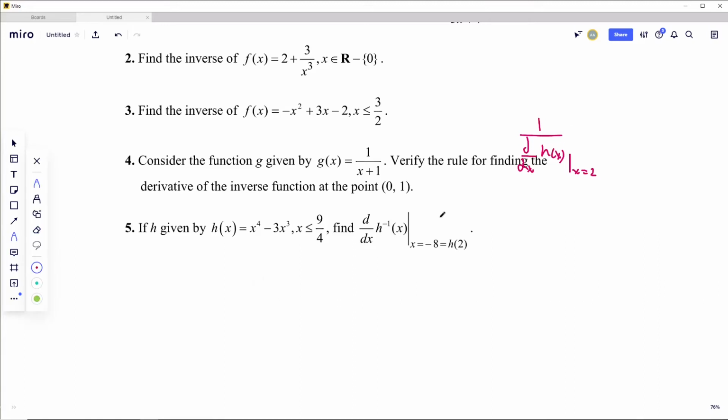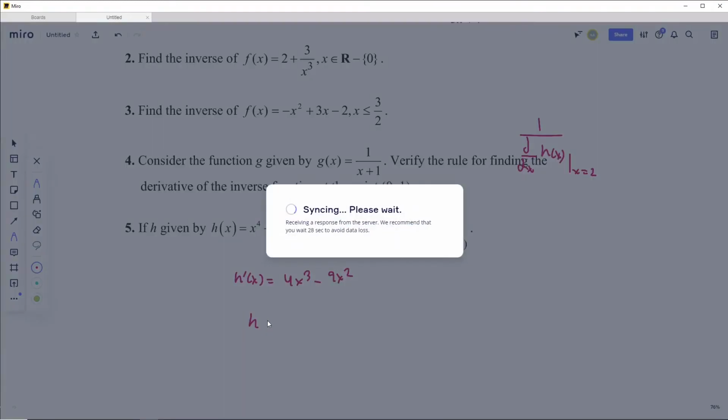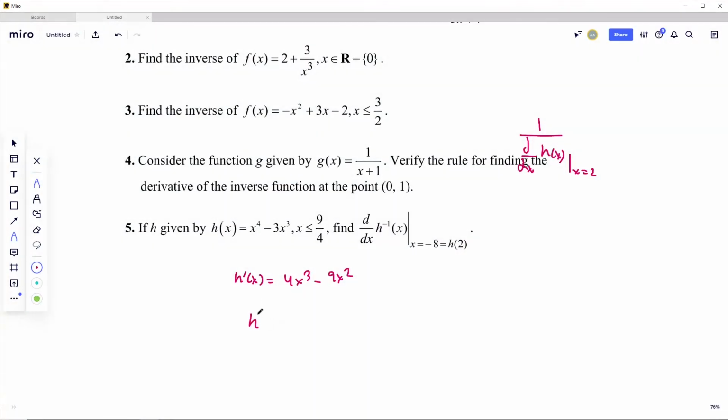So what do we first derive? h prime of x equals 4x cubed minus 9x squared. Anyways, substitute. Put 2 here. You put 4 times 2 cubed minus 9 times 2 squared.